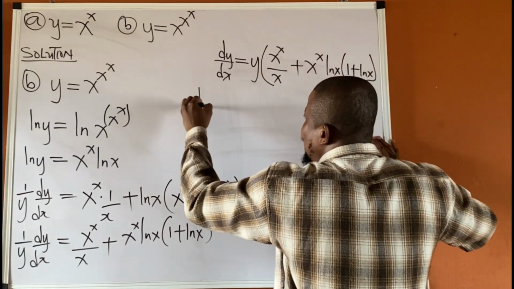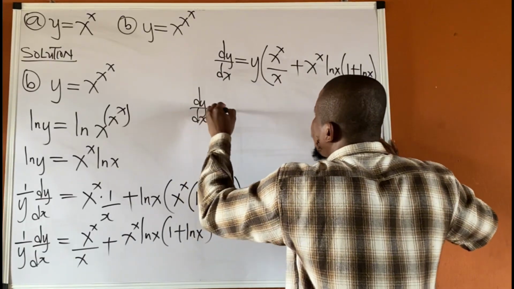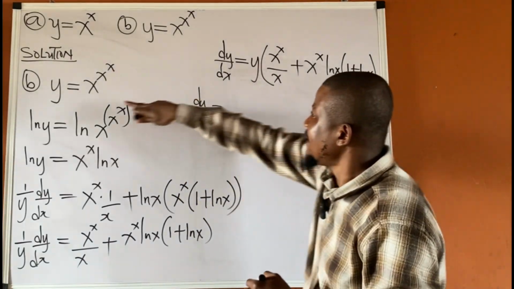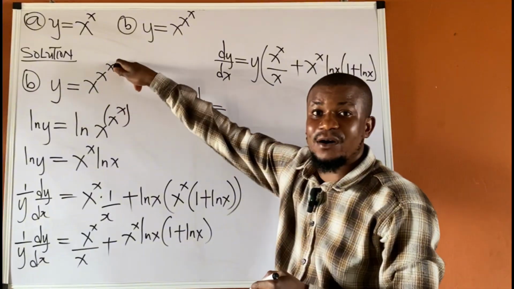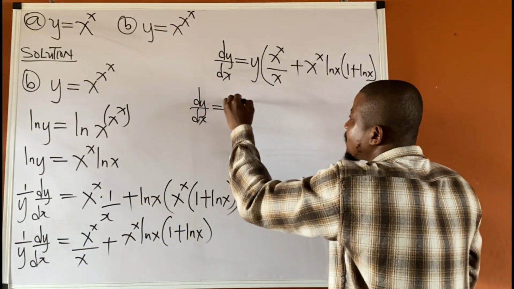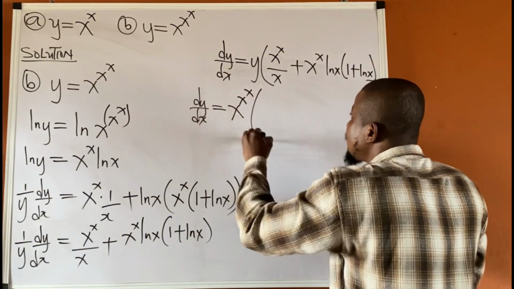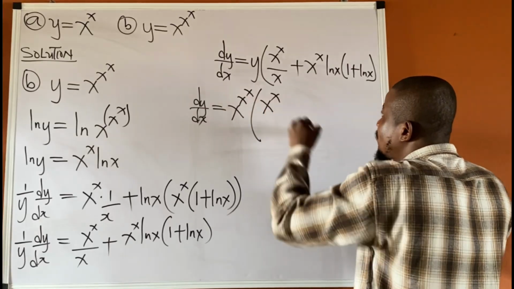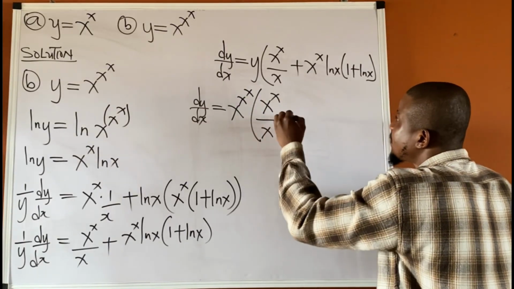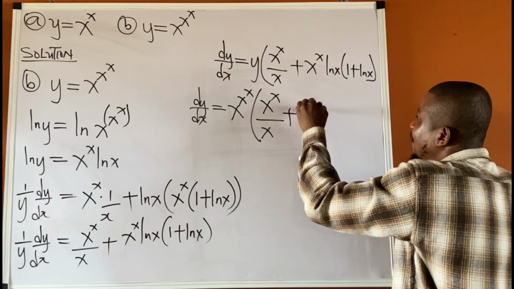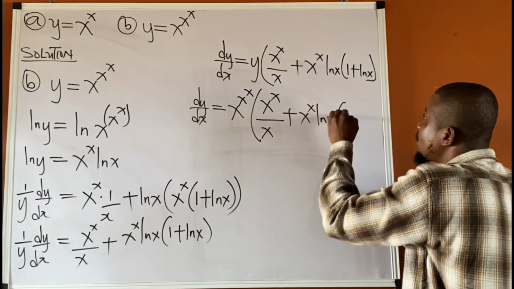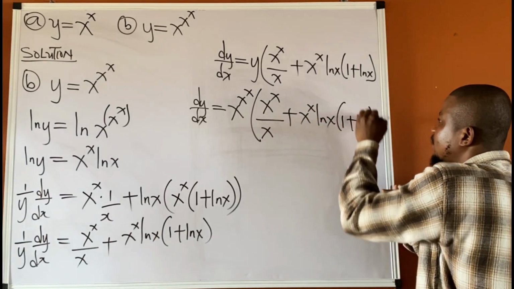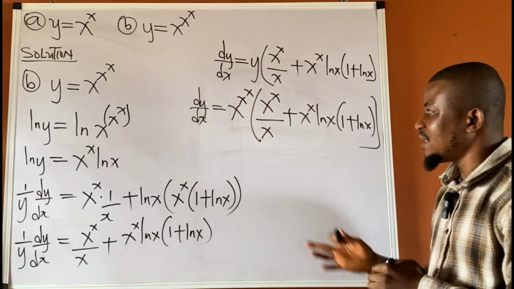And so our dy dx, remember our y is x to the power of x to the power of x. So this will be x to the power of x to the power of x into x raised to power x over x plus x to power x ln x into 1 plus ln x. This is our dy dx.